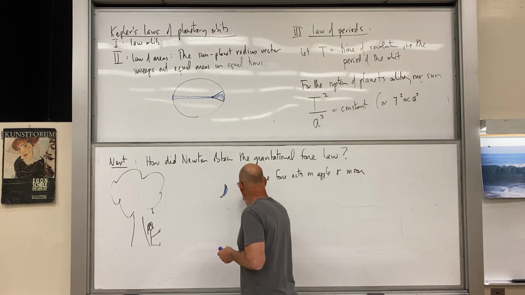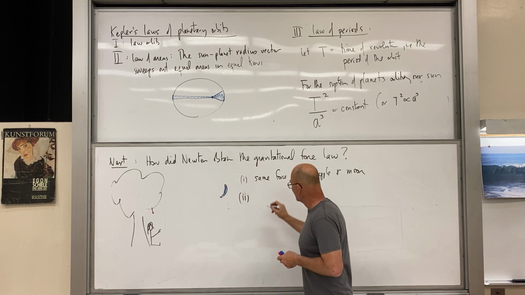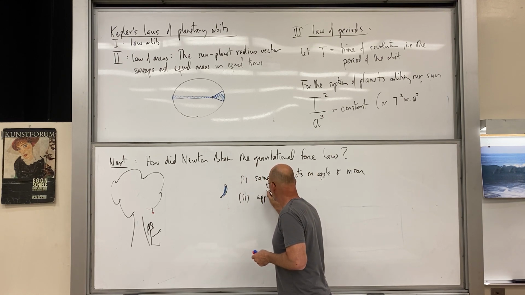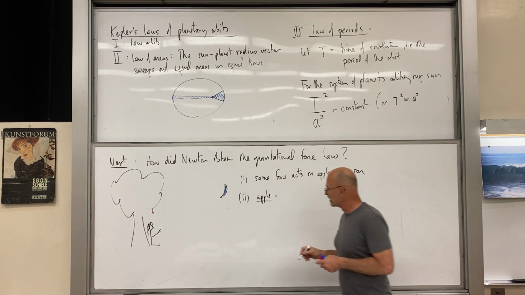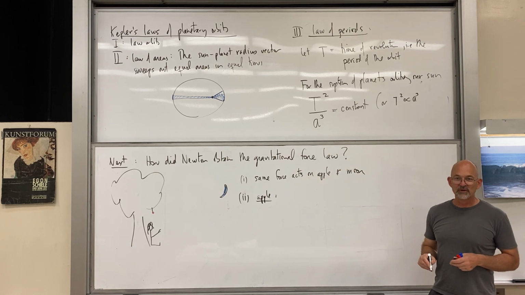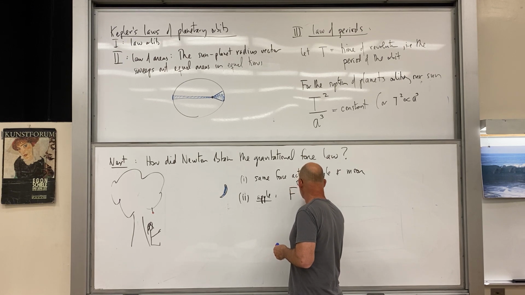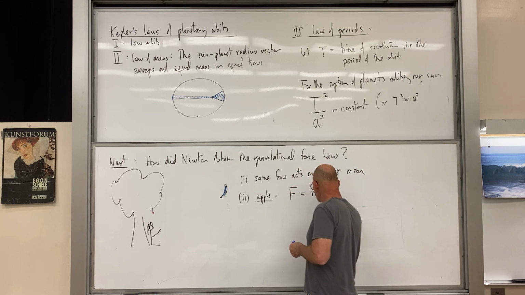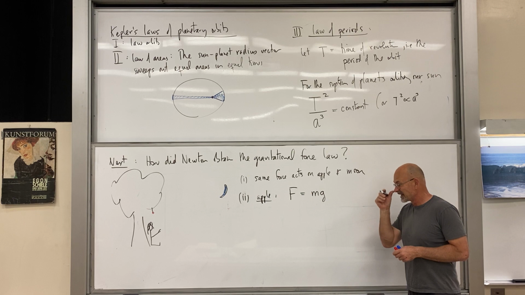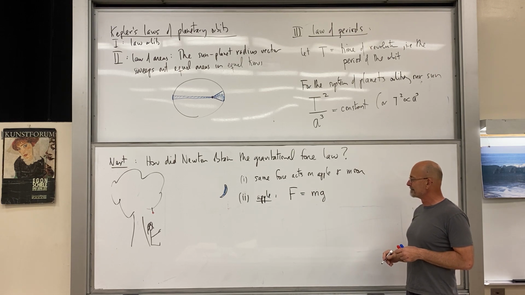The second point is for the apple, we're talking projectile motion. Right? We're talking F is equal to mg. Okay.